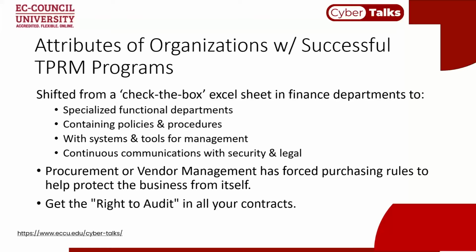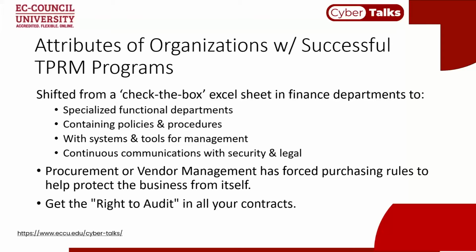Look at having specialized functional departments that can work through this, and check policies and procedures that actually enforce parts of the organization to do anything with a third party to make sure that they can actually do this. Make sure you get tools and systems to help manage your third party program, right? And then work continuously with security and legal to make sure that your third party is not being breached or shows up somewhere else.